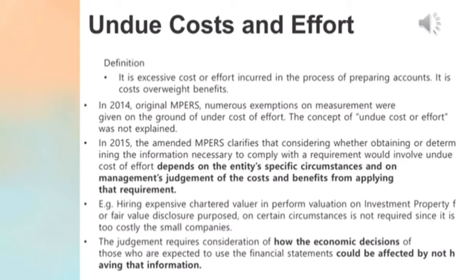For example, hiring an expensive chartered valuer to perform a valuation on investment property for fair value disclosure purposes. In certain circumstances, it is not required since it is too costly for a small company. The judgment requires consideration of how the economic decisions of those who are expected to use the financial statements could be affected by not having that information.